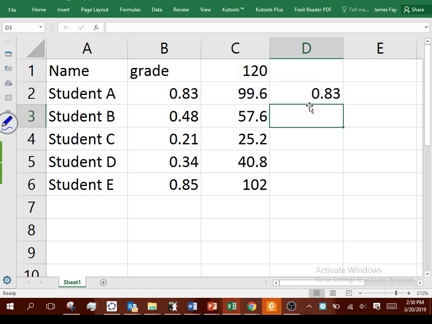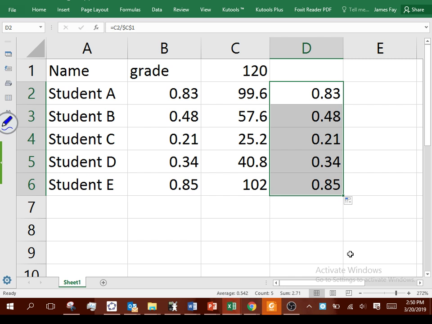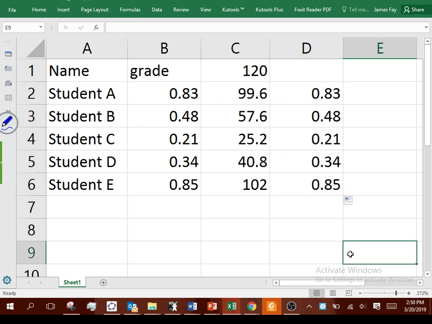But that gives me the 0.83 instead of me having to do it on the side, right? Instead of me having to take now 57.6 and divide it by 120 to get 0.48 and the 25.2 divided by 120 to get 0.21, what I can do is just drag that down and it calculates those things for me instantaneously. Does that make sense? And what's awesome, let's say this student E, let's say they did some bonus work and they got 18 more points.